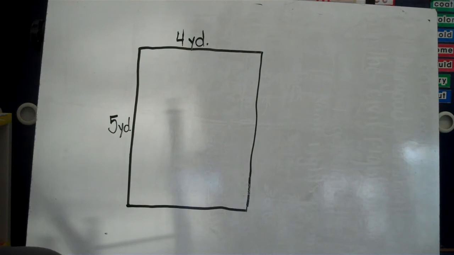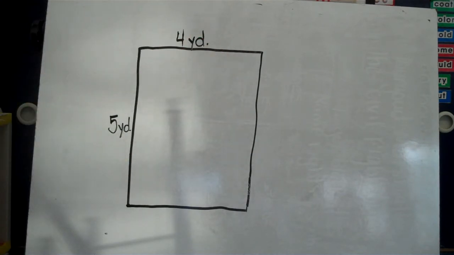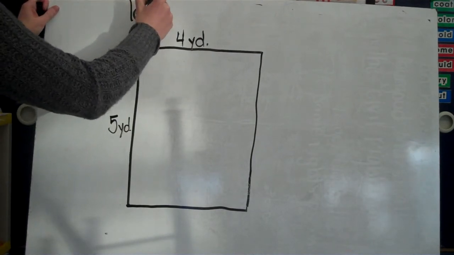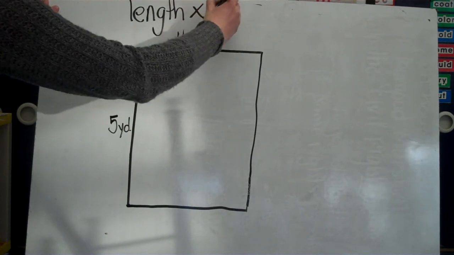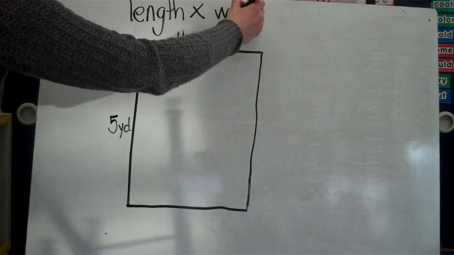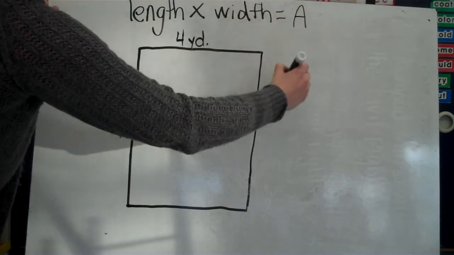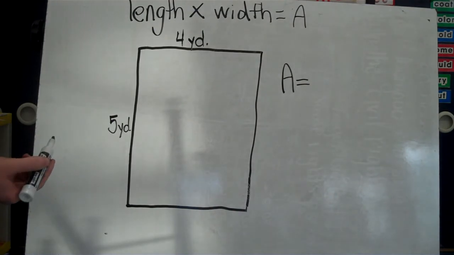All right, last one. We have 5 yards by 4 yards. Again, I know that it needs to be length times width equals area. So I'm trying to find out what A equals, or area equals.